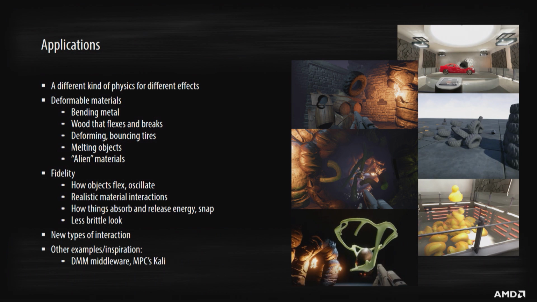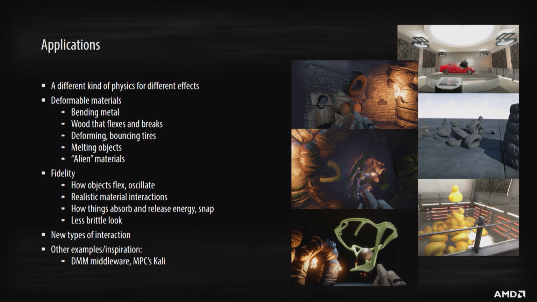So one of the goals of it is greater fidelity in physics simulation in general. There are a lot of deformation-related effects that occur in the real world. And that includes things flexing and oscillating, the way that objects can absorb energy, elastic energy, and then release it.